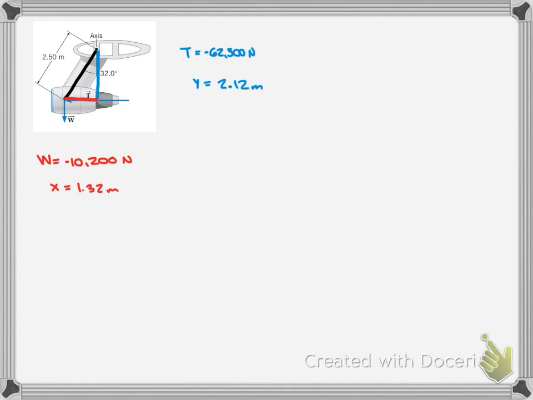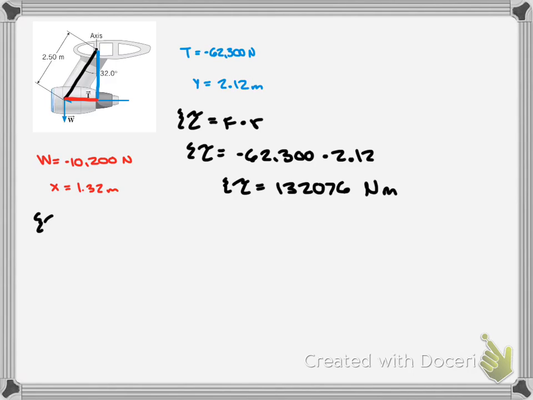Give me a second while I make this all pretty. Okay, so multiply negative 62,300 times 2.12 because do you see how the y is perpendicular to the thrust? You get that answer. The answer is negative.